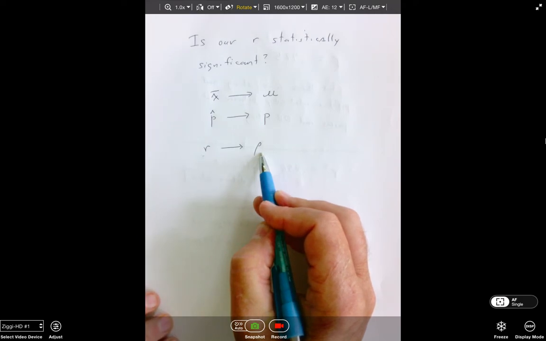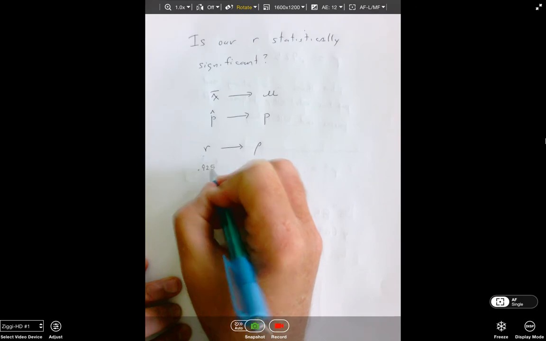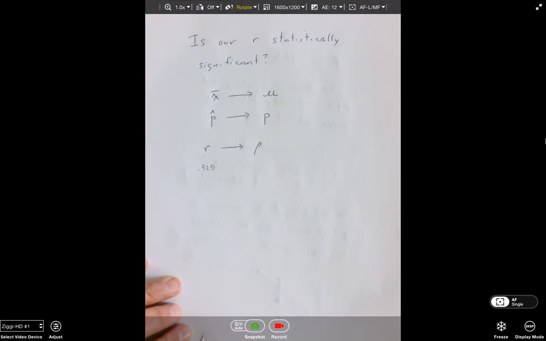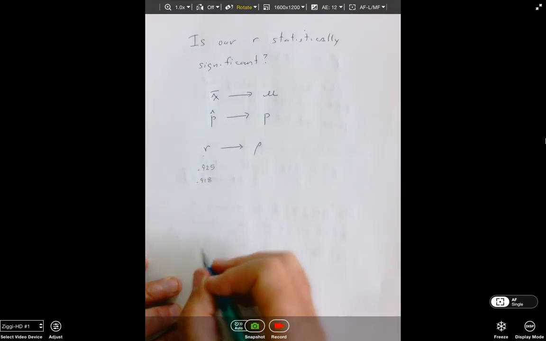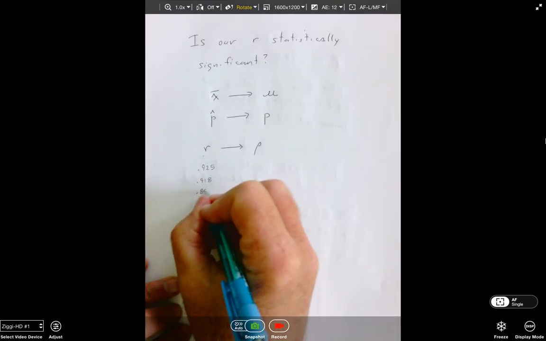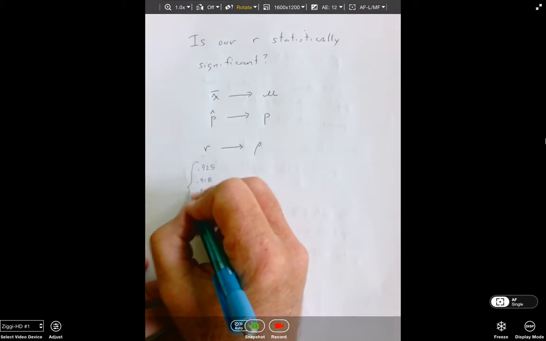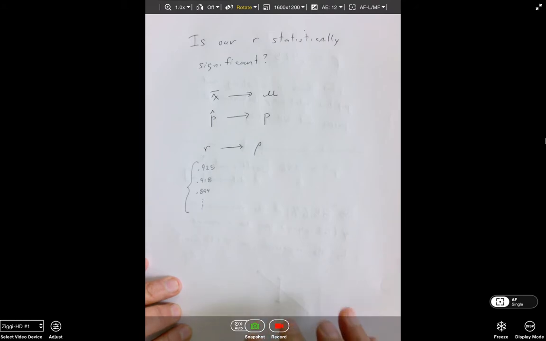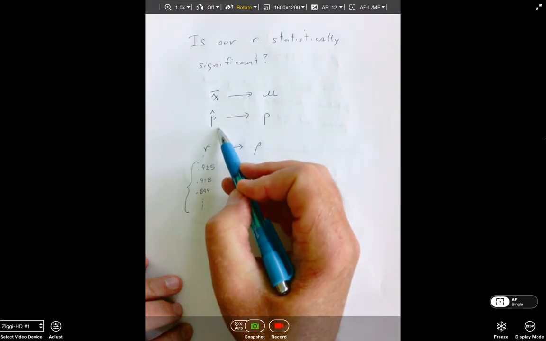If we went out and got another sample of 10 NFL quarterbacks, we wouldn't get 0.925 as the correlation, more than likely. We'd get something different. We may get 0.918. And we pull out another 10, we might get 0.894. And we would ultimately create a distribution of sample correlation coefficients that work much like the distribution of sample means and the distribution of sample proportions.